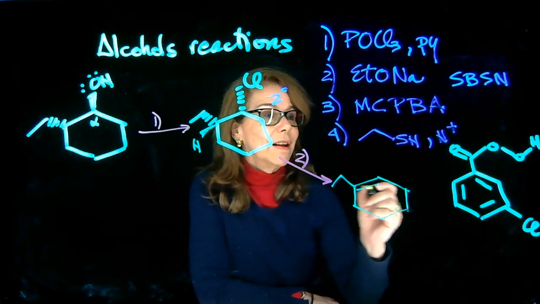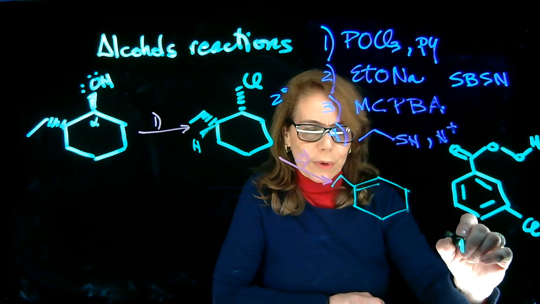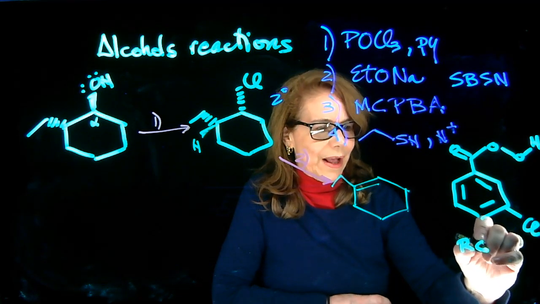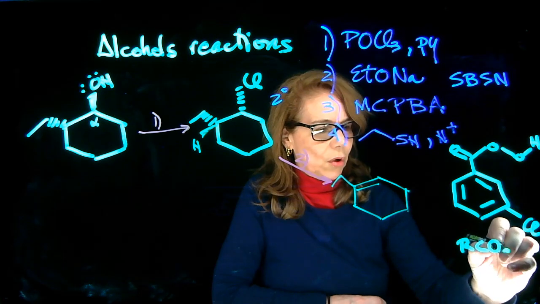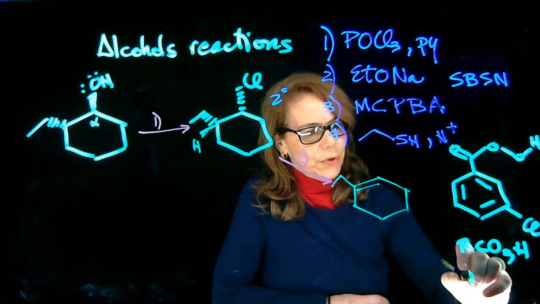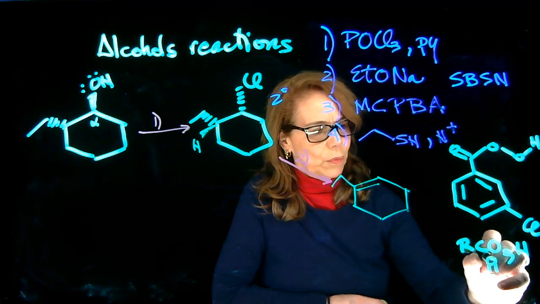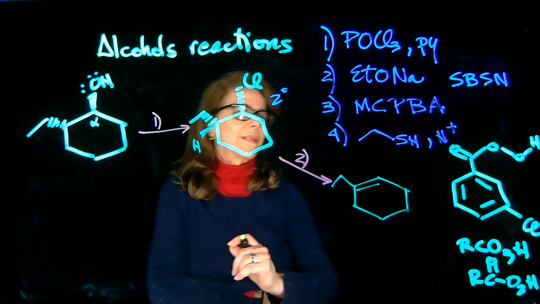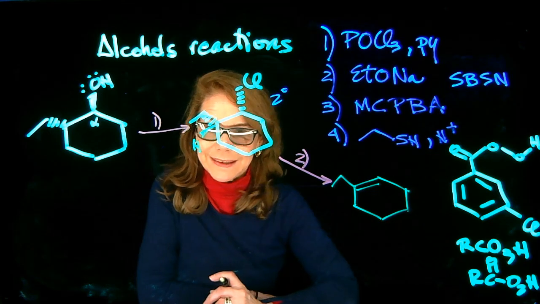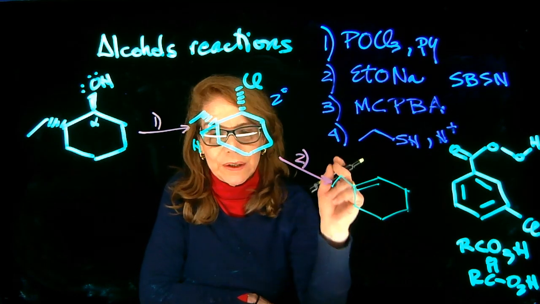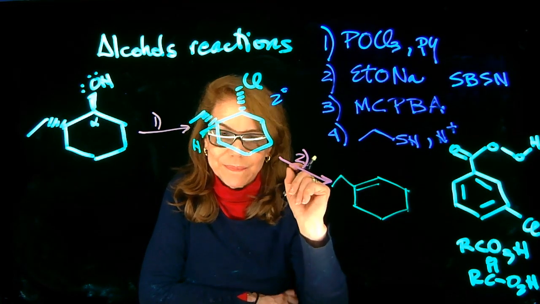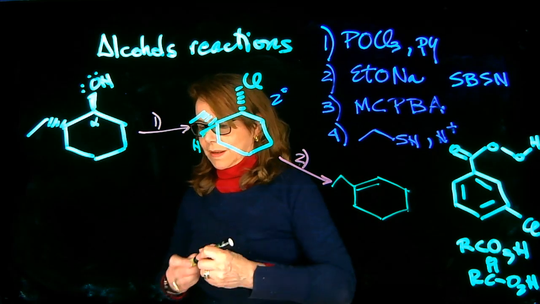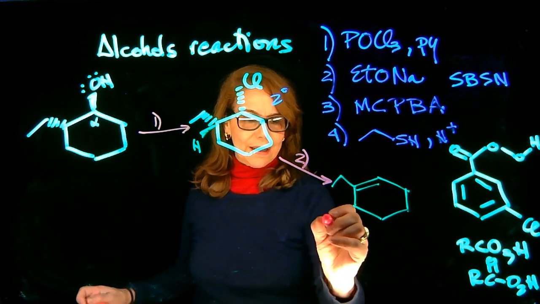But the general formula, let's say that you have a per acid will be CO3H. Or you can also draw this way. Several ways. So that is a per acid. And what it does is we're going to form an epoxide here, from the alkene. So we're going to add that oxygen.